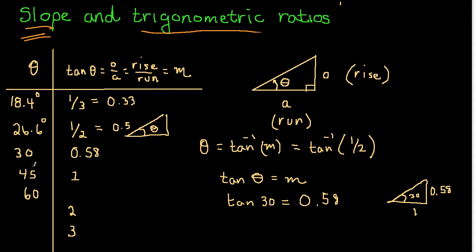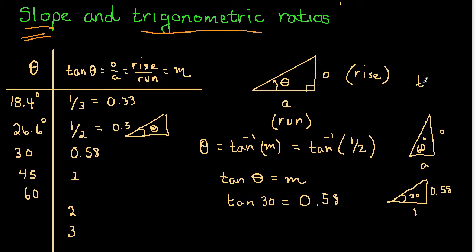Okay, we already saw 45-degree angle is an isosceles triangle, so it has a 1-to-1 rise over run. 1 over 1 is 1. Okay, and then here's another one. Maybe we're interested, what if we go up at an angle of 60 degrees? So something more like this, 60 degrees. Now, what is our rise over run, or O over A?